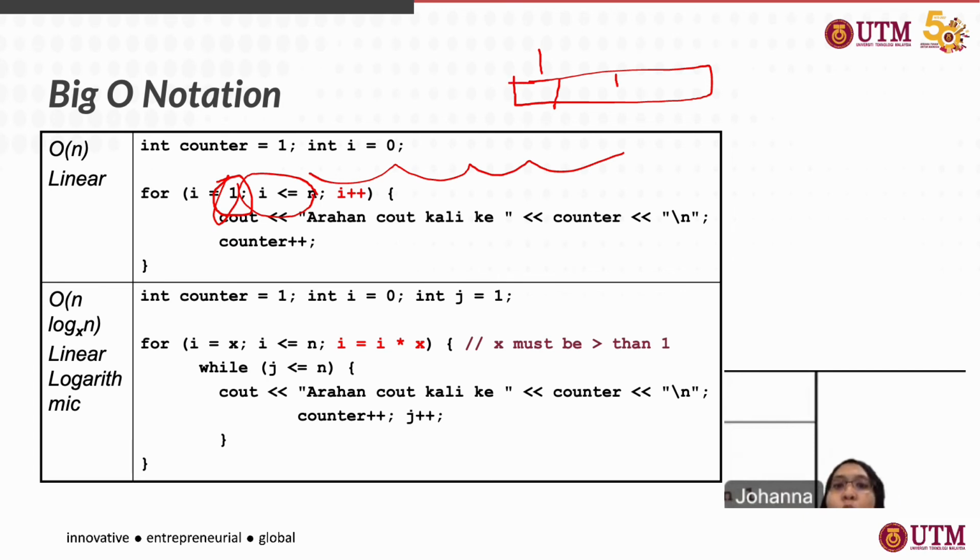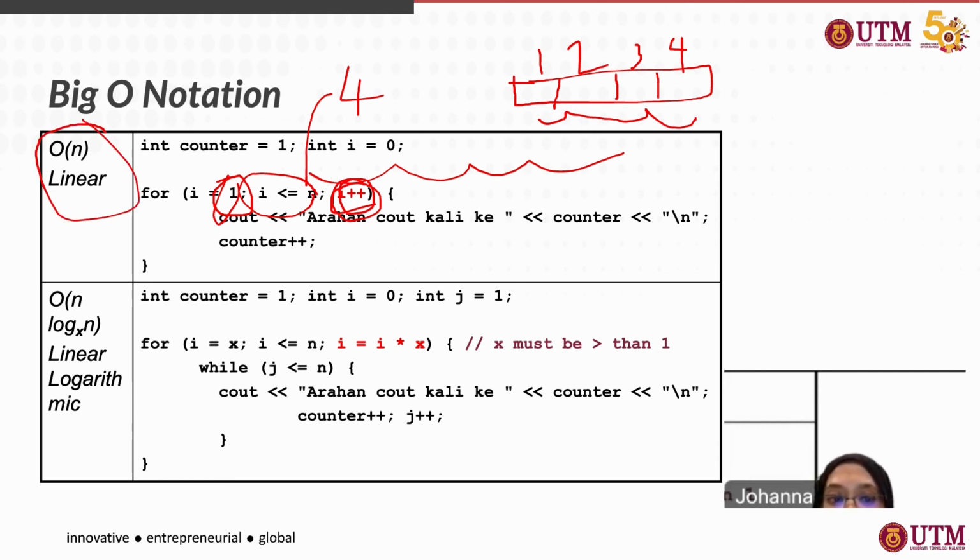You can see that i plus plus means the i value will increase by 1. If we have 1, 2, 3, 4, then i here would be 4. So the i value increases by 1, and so on. In this case, because i is increased by 1, the complexity class notation would be O(n).